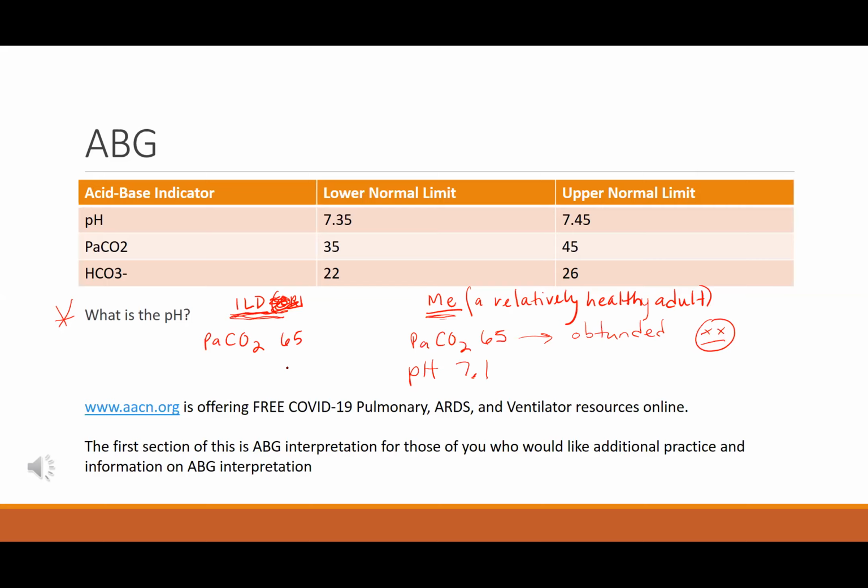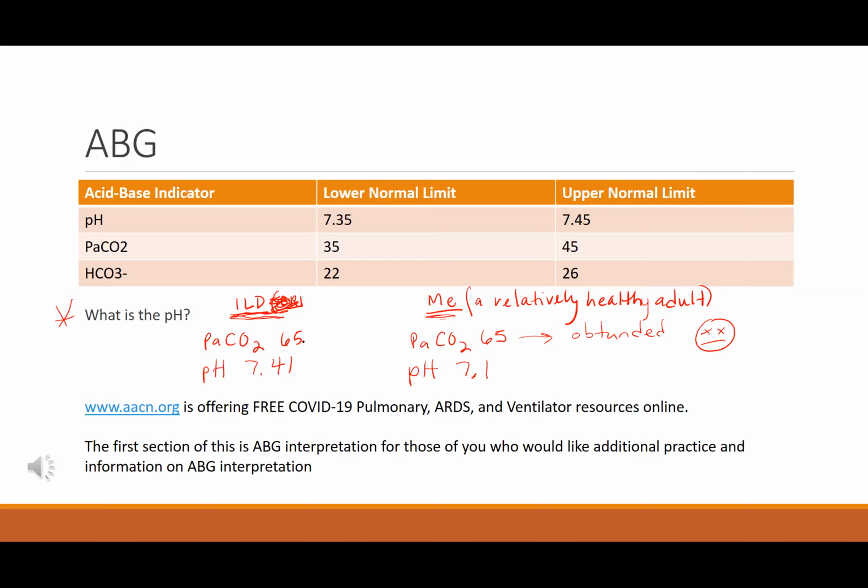Now this individual whose PaCO2 is 65, but who lives with long-term lung disease and lots of chronic pulmonary issues, their pH is 7.41.